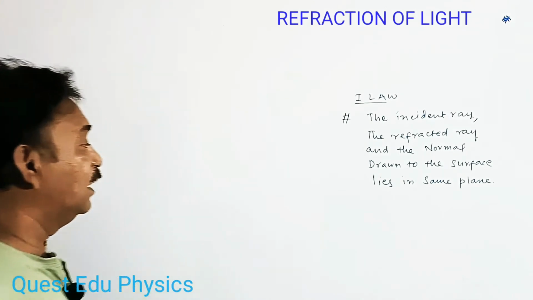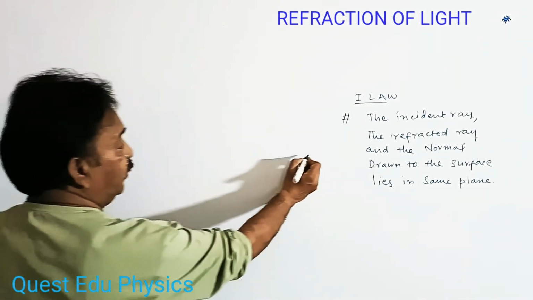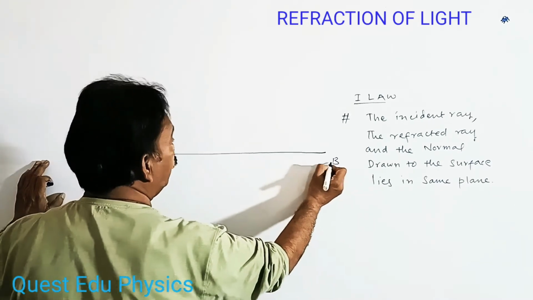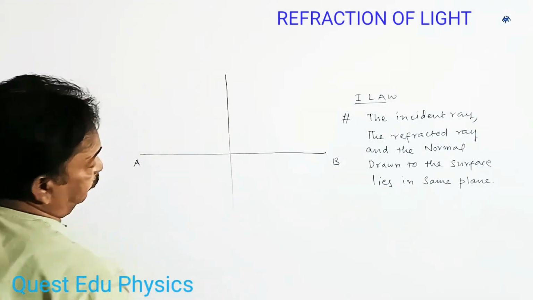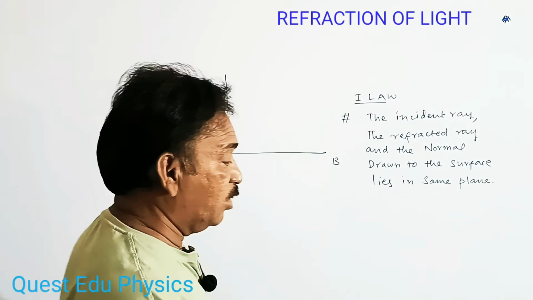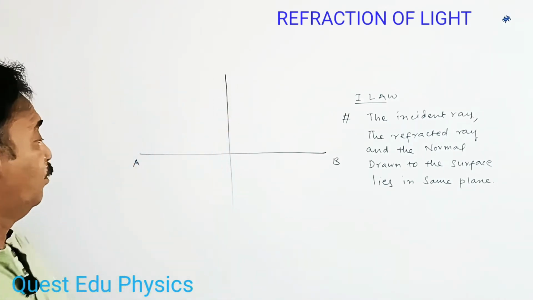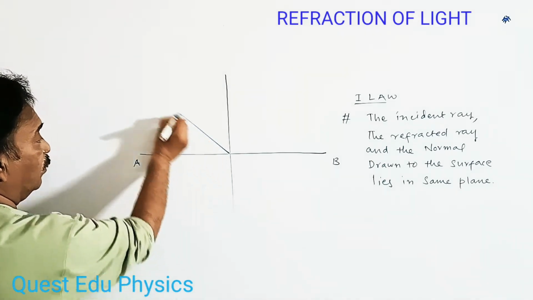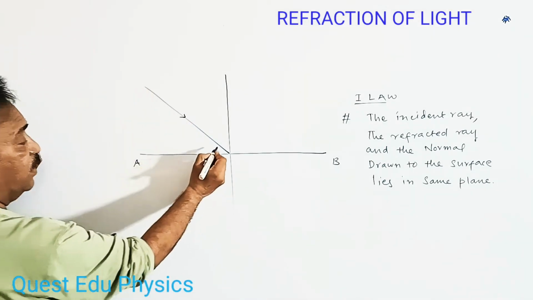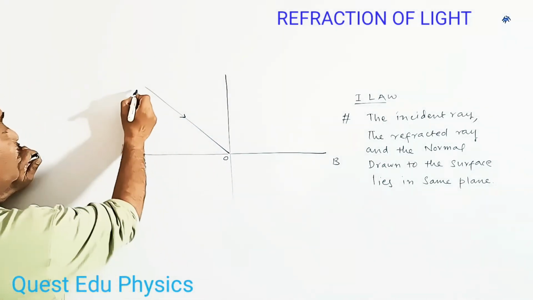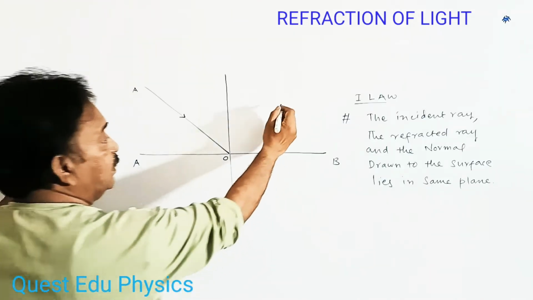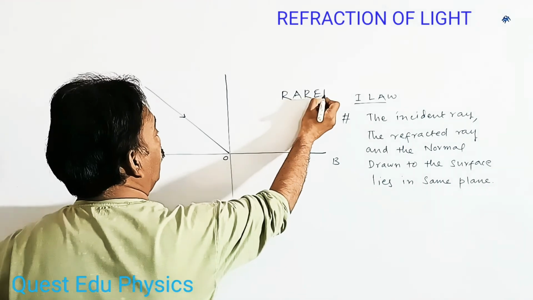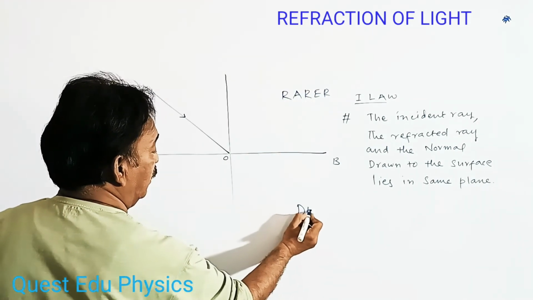Wait, what it is telling us, here if you take a pair of media, say A and B, and we are dropping a normal here, normal drawn in that way. We are making a light ray fall on it. It is the incident ray, students. Say it is the O, so A, say it is the rarer, and B is denser.